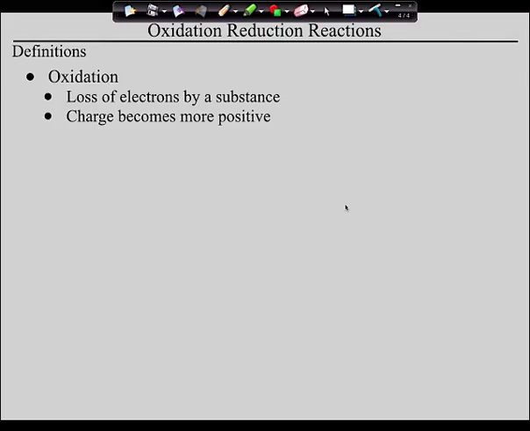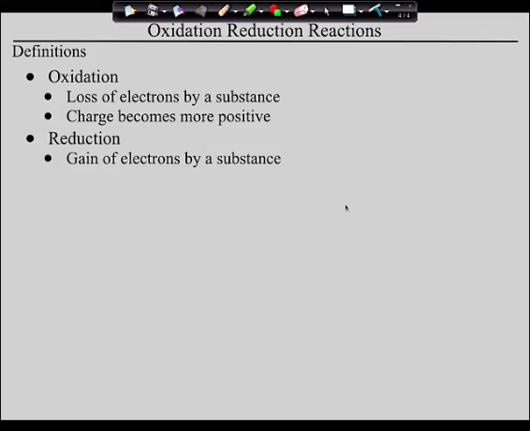Now, of course, the other side of this is reduction. Now, this one makes a little bit more sense. So, if oxidation is losing electrons, what is reduction? The gaining of electrons. Now, guys, again, the same thing holds true. In the same way that you can't see electrons being lost, you can't see them being gained.